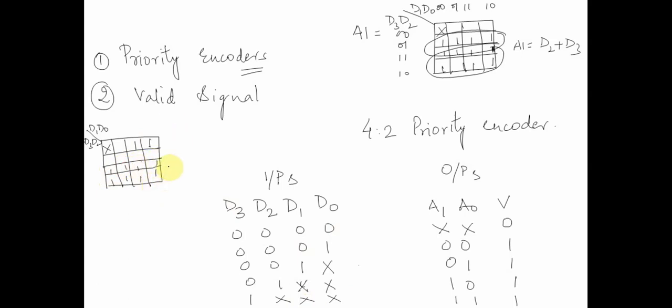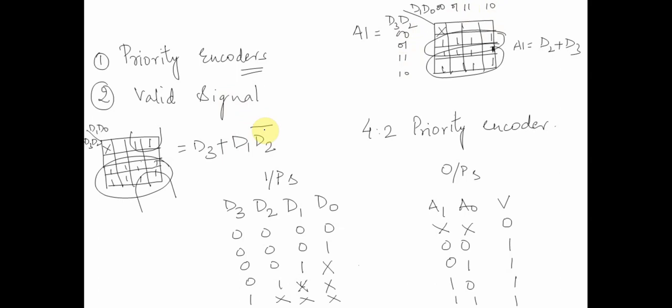So what are the two groupings? This is one, and this one is another pairing for us. So the output over here would be A0 equal to D3, plus the last term, which is not changing, D1 into D2 bar. Correct. This is a priority encoder.